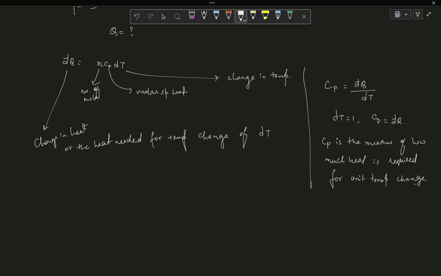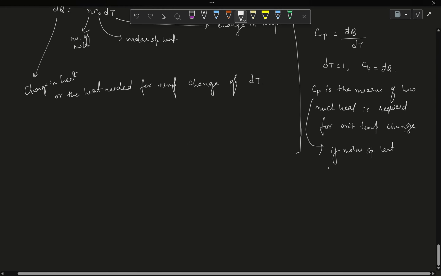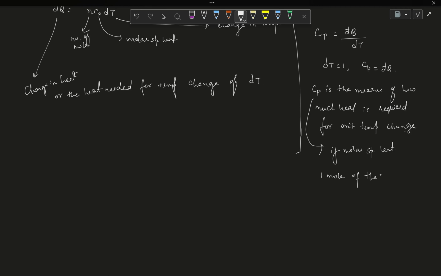So if you are increasing your temperature by 1 Kelvin, then dq is the heat absorbed in the process, and if you are decreasing the temperature by 1 Kelvin, then obviously you are giving out heat by that amount, and that will be reflected in the value of Cp. And obviously if this is a molar specific heat, then the quantity you are talking about is all the time for 1 mole of the system.